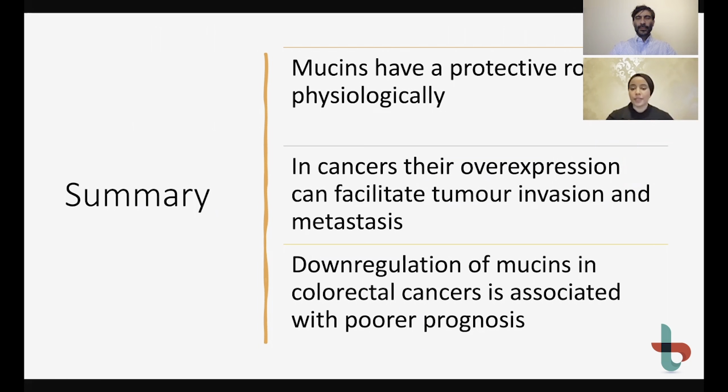So in summary today, we've covered mucins and how they have a protective role physiologically in different epithelial tissues. We talked about how their overexpression in cancer can facilitate tumor invasion, but also, interestingly, there is downregulation of mucins in some cancers, such as in colorectal cancer, and this is associated with poorer prognosis.